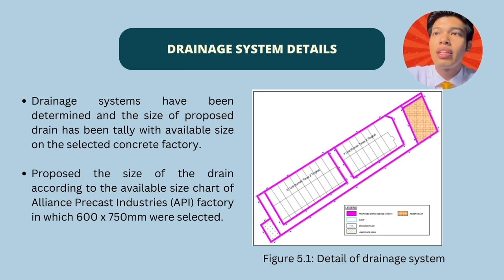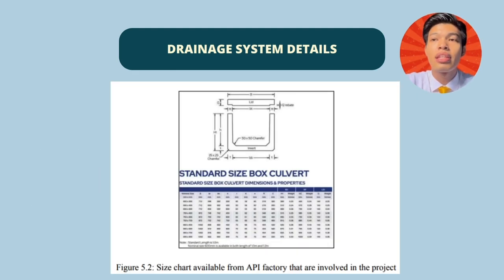As you can see in the drainage system detailing, the purple stands for the drainage system with the flow determined at the study area. These are the detailed designs of the box culvert based on the size chart provided by the API factories.